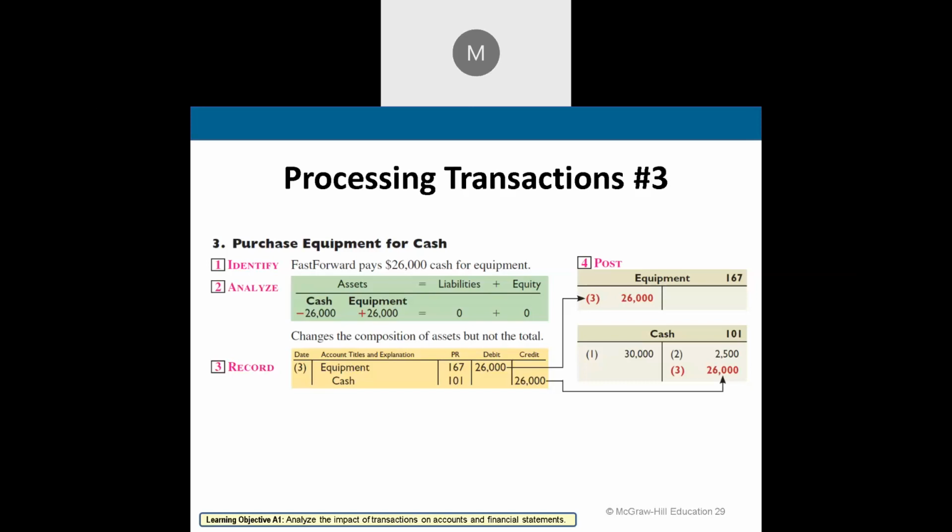We debit equipment, $26,000. Remember, to increase an asset account, we debit it. Decrease, we credit. Debit equipment, $26,000 to increase the equipment. Credit cash, $26,000 to decrease the cash. Then we post the transaction to our general ledger.